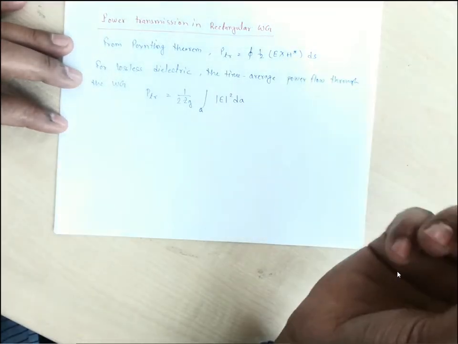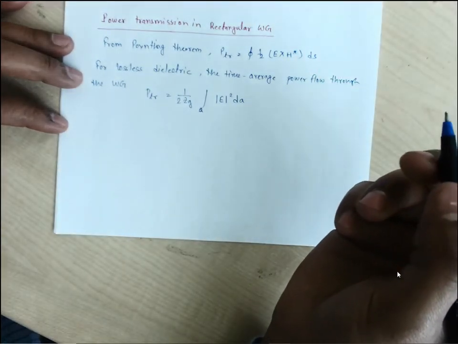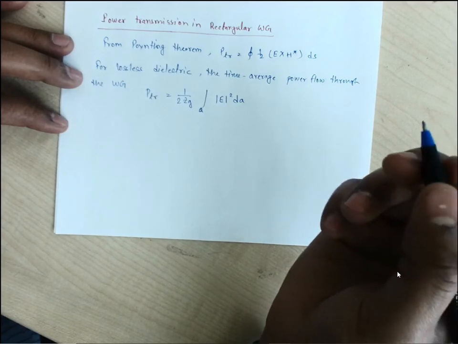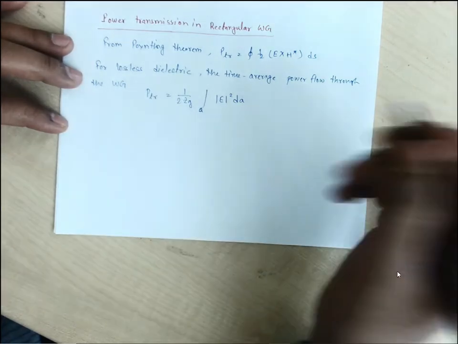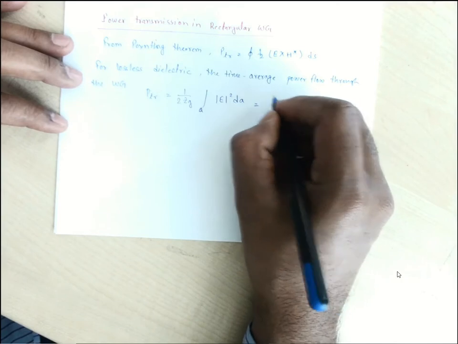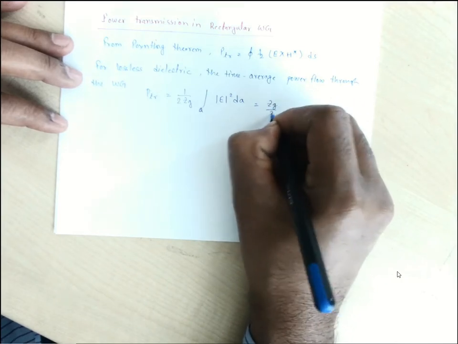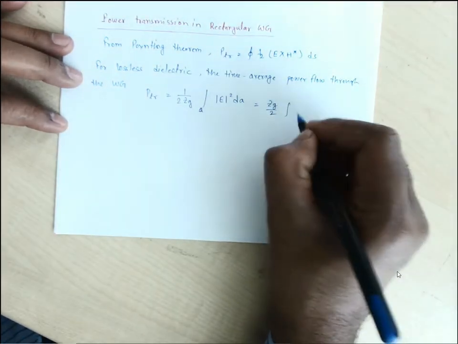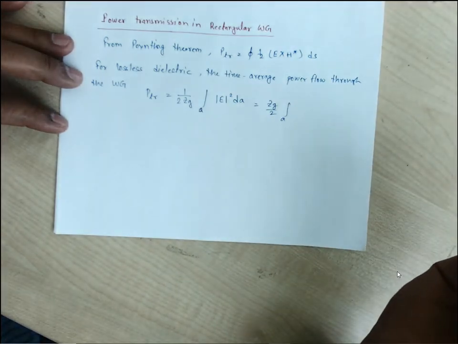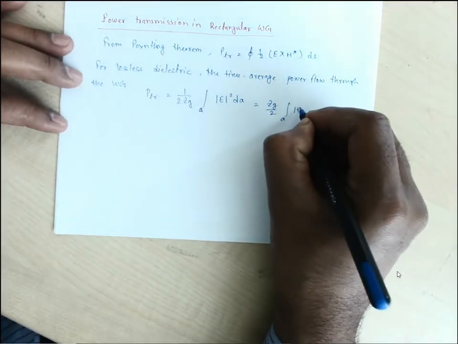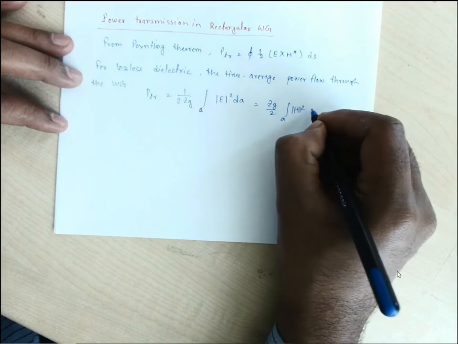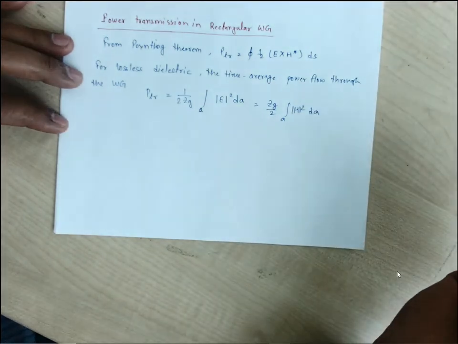So E cross E conjugate is mod of E square. Or we can also write Zg by 2 times the integral over the cross section area of mod of H square dA.